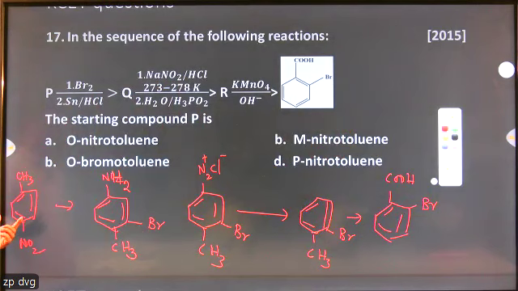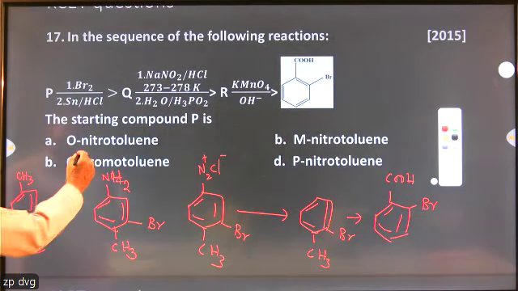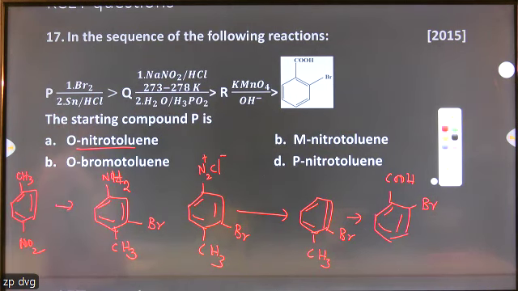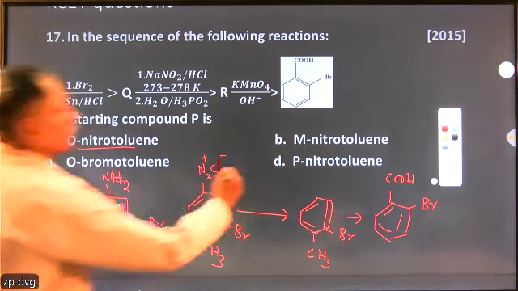So the starting compound P is paranitrotoluene. If you try with orthonitrotoluene or metanitrotoluene, you won't get orthobromobenzoic acid. So paranitrotoluene is the correct answer.